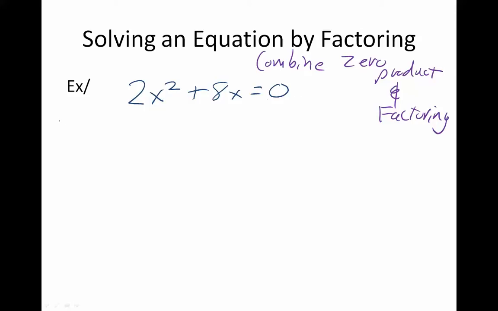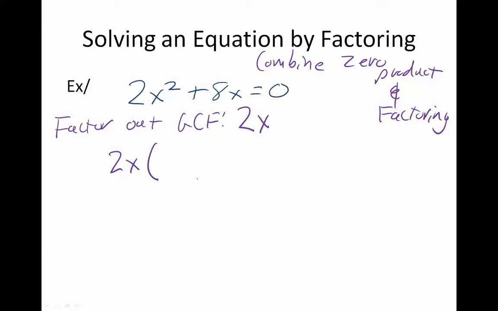So the first thing we want to do is factor out the greatest common factor. So let's find out what the greatest common factor is. Between 2 and 8, greatest common factor is 2. It's the biggest number that multiplies into both. Between x squared and x, x. So I'm going to factor out the 2x, right?